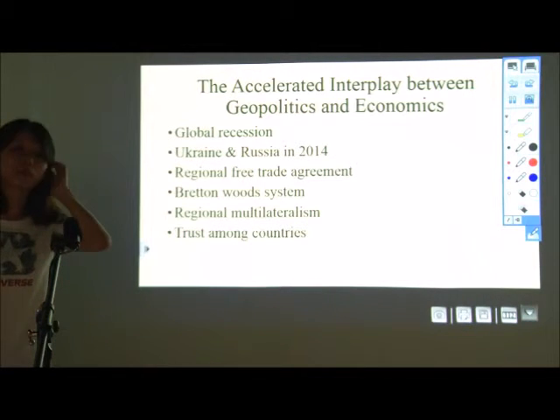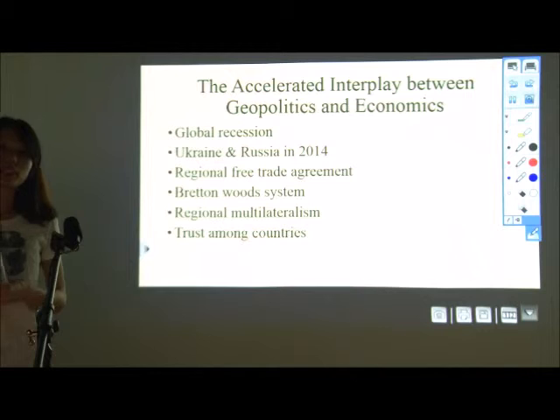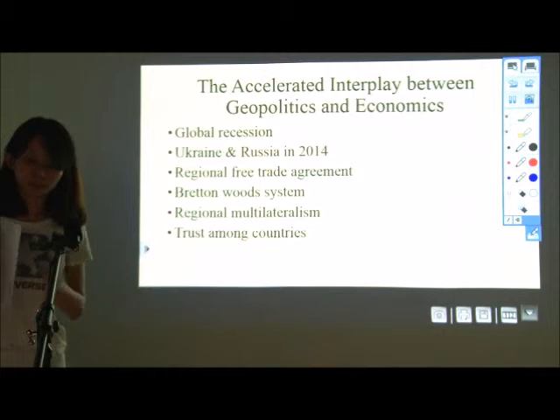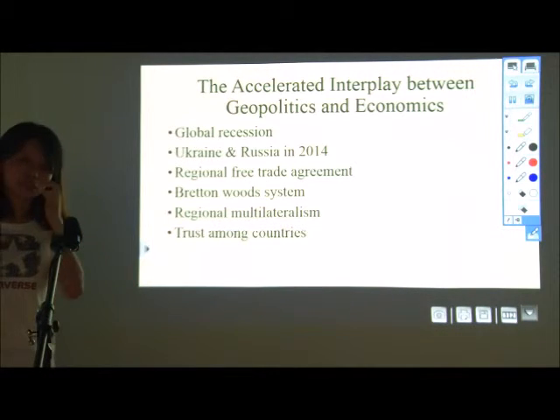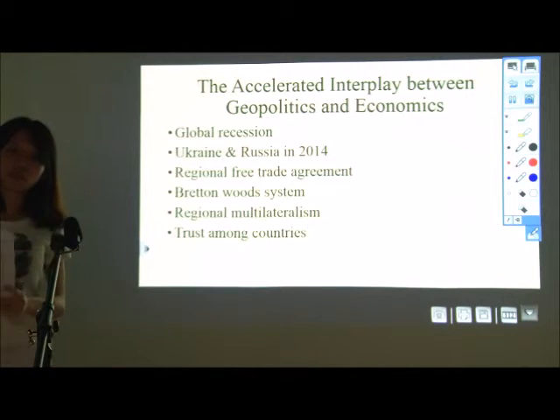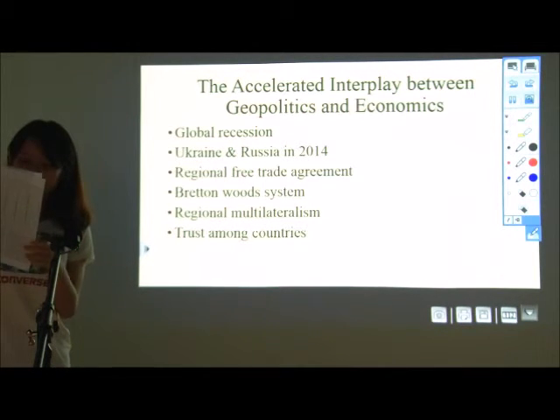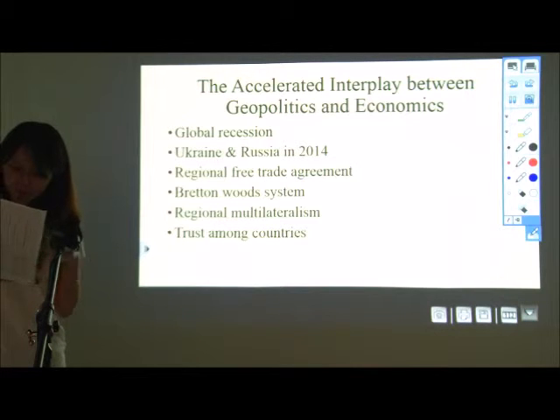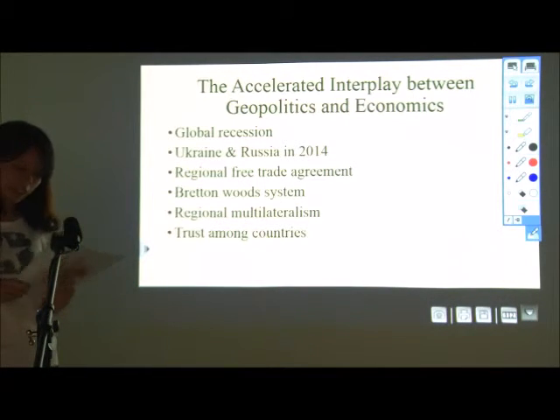Also, because of global recession, countries' economic development starts to turn inward, and nations began to organize regional free trade agreements with like-minded countries, which would help one another to pursue their economic goals better. However, most countries sign more than two free trade agreements, but every agreement is promoted by different countries.